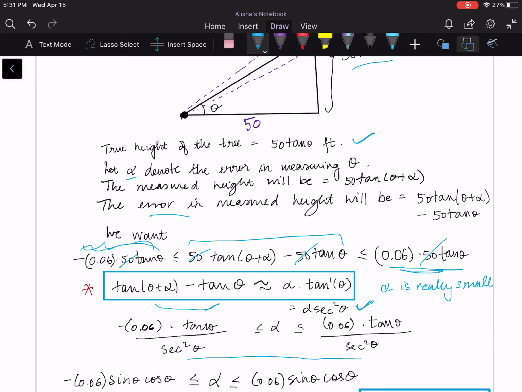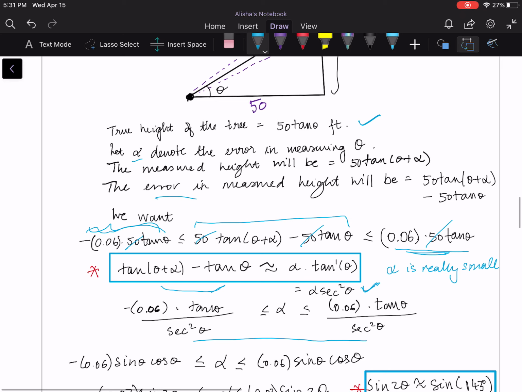Next I simplified a little bit, and that gives me this expression. Then the next step is totally optional, but I thought it might help while explaining this problem.